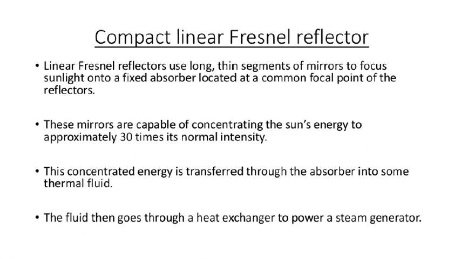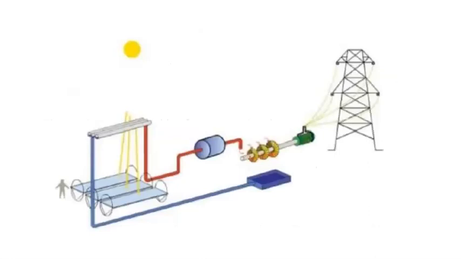This concentrated energy is transferred through the absorber into some thermal fluid. The fluid then goes through a heat exchanger to power a steam generator. So the fluid can flow through this one, it can power the steam generator, and the output here is the electrical energy.